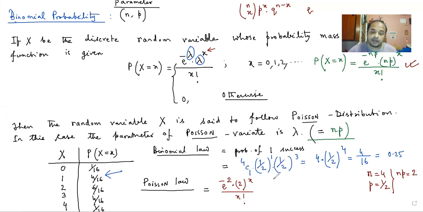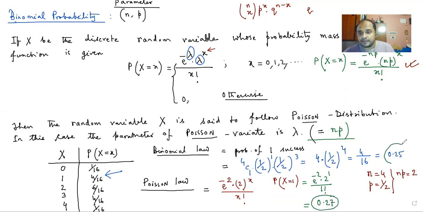And if he wants the probability of only one success, he will instantly write e to the power minus 2, 2 to the power 1 by 1 factorial, and thus he will get the value 0.27. So two different probabilities are coming.